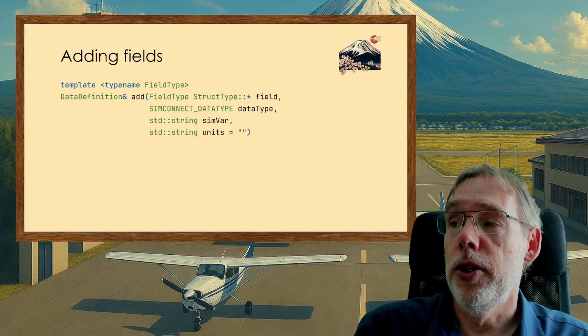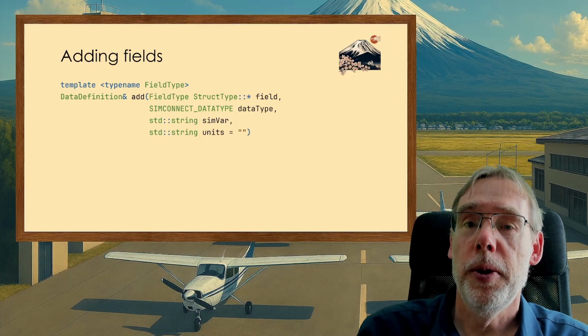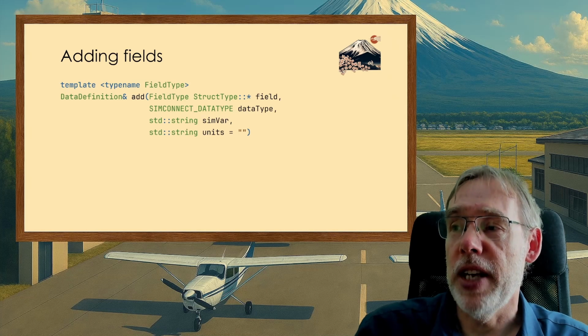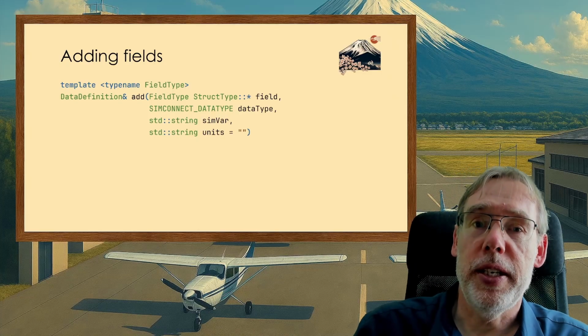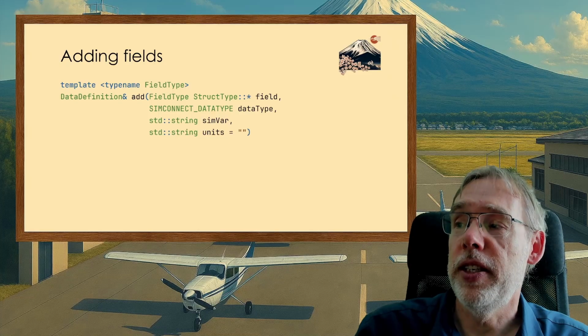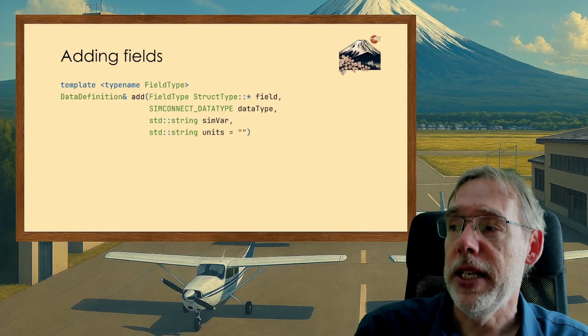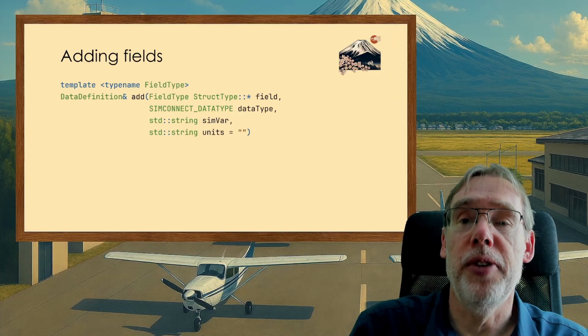You can use different types of add methods to make those fields known. The first one is simply called add and is a templated method for all the different field types, where you explicitly specify the SimConnect data type. And of course, you pass as a parameter the simulation variable and the units, which is defaulted to an empty string for when you expect a return of a string.